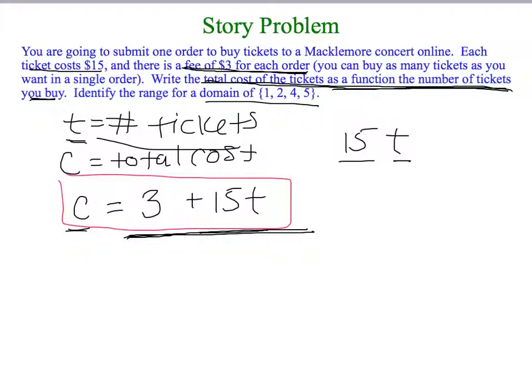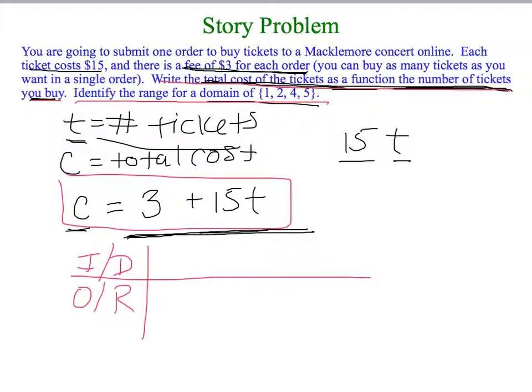So it says, write the total cost as a function of the tickets you buy. Now the second part is identify the range for a domain of 1, 2, 4, and 5. So let's go ahead and make our chart. We have domain and range, or inputs and outputs. And we have a domain of 1, 2, 4, and 5.